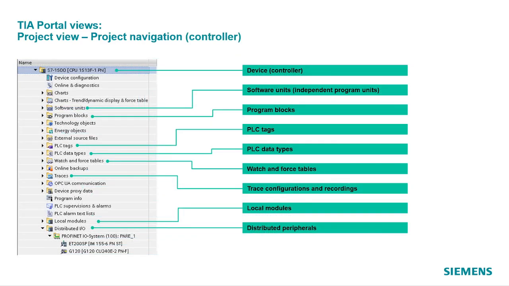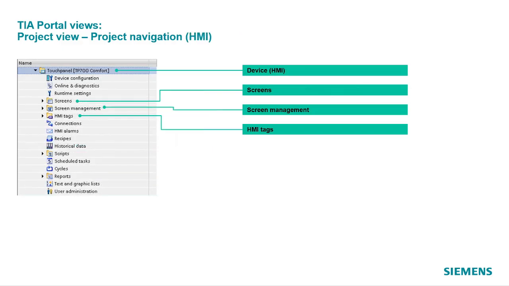Each device has its own folder structure. For controllers, for example, there are the Software Units, Program Blocks, PLC Tags, and PLC Data Types folders required for programming. For an operating panel, on the other hand, the Screens, Screen Management, and HMI Tags folders are relevant.